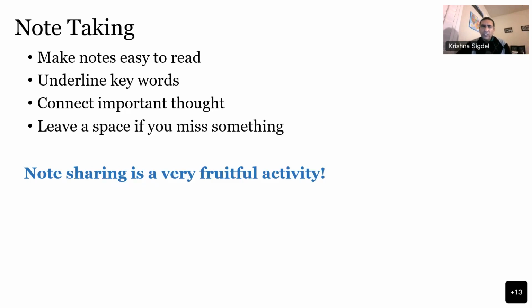Another thing I found is note sharing is a really, really important and fruitful activity. In my last spring biophysics class, I did this note sharing. I asked the students, take the note, even though I have PowerPoint slides, note down whatever I say and then note down whatever is in the PowerPoints.